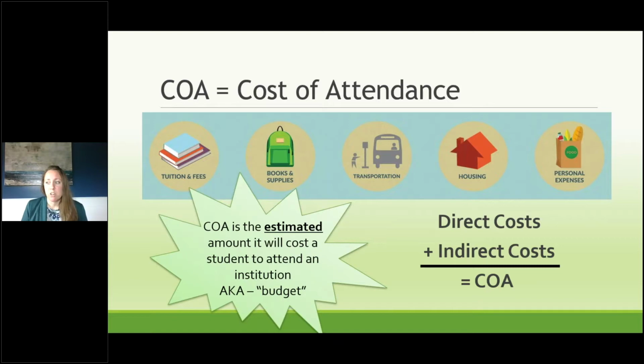Now, COA generally includes tuition and fees. It often includes books and supplies. It can include transportation. It may include housing. And it's going to include some general cost for personal expenses. Now, perhaps the student is going to go into, let's say, welding.